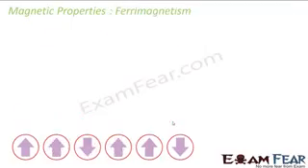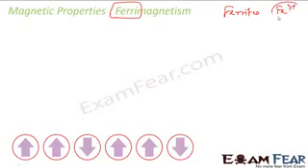The next is ferrimagnetism. The name ferri came from ferrites. What are ferrites? Nothing but iron with a +3 charge. Here we have domains aligned in parallel and anti-parallel directions, but the number is unequal.